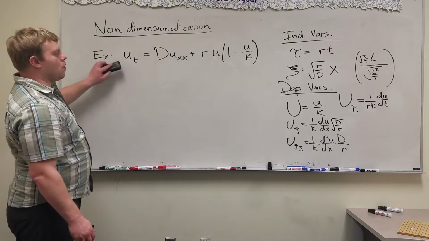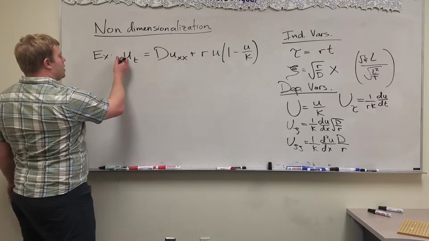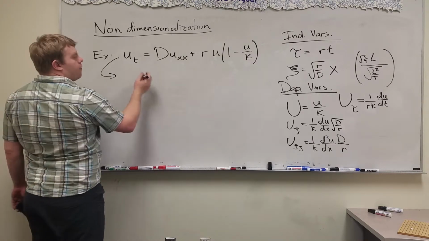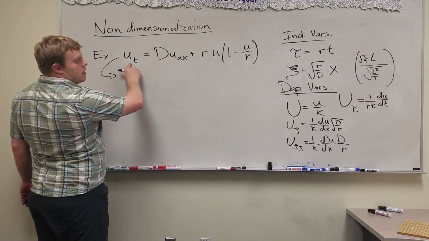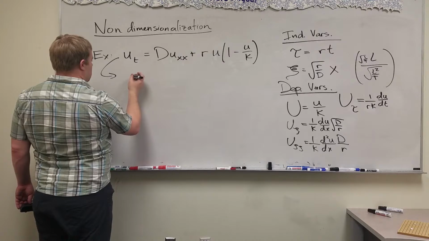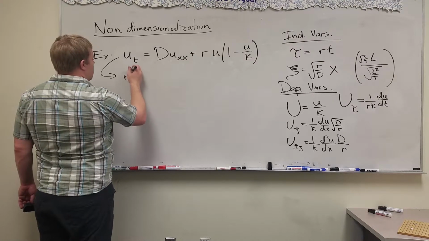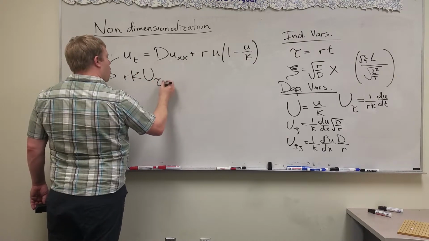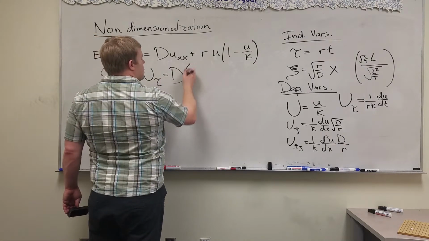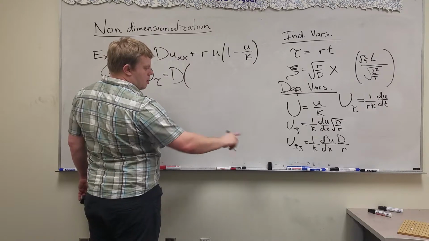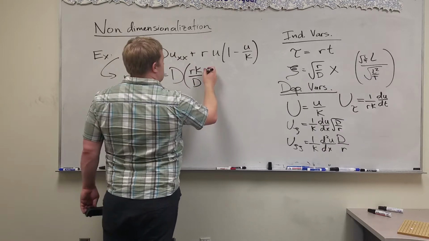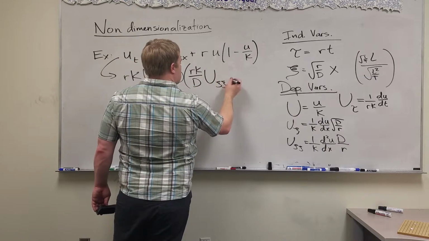All right, so now making this change of variables is going to be pretty straightforward. I have du dt equals rk big U with respect to tau. So we get this, and we're going to have d times u xx, which is rk over d times big U xi xi.